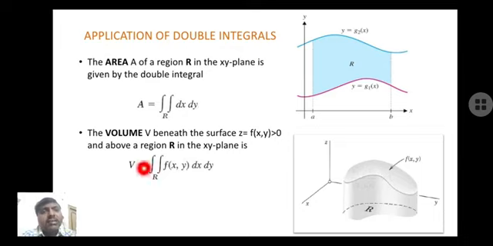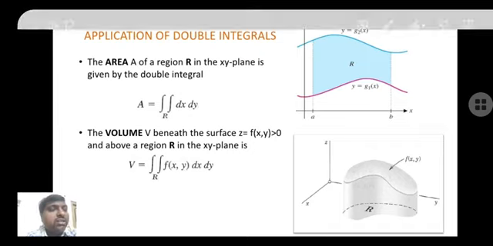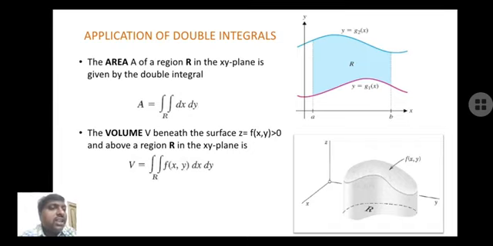Now the second application, the volume V, under the surface z is equal to f of x comma y and above the region R in the xy plane. So see here in the diagram, region R in the xy plane, and the integrand f of x comma y can be taken as z is equal to f of x comma y.